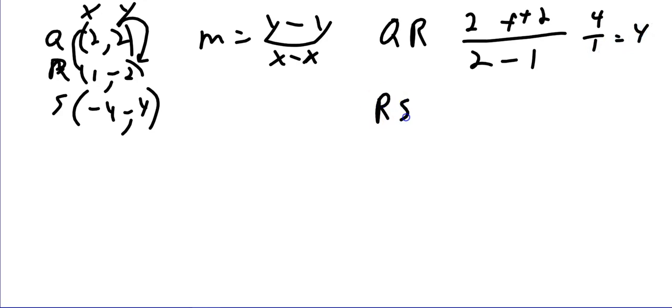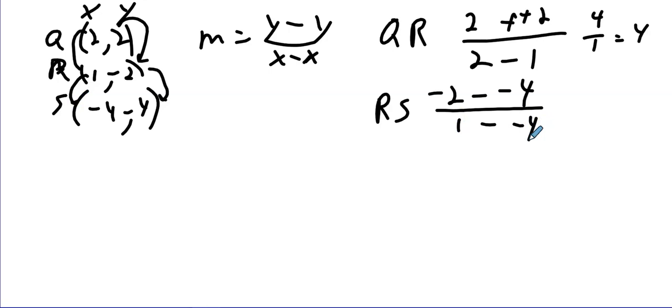Now I'm going to do RS. We'll put the minus in first. So with RS, I'm doing y is on top, negative 2 minus negative 4. And x is on the bottom, 1 minus negative 4. These are both going to become positive. 4 minus 2 on the top is 2. 4 plus 1 is 5.